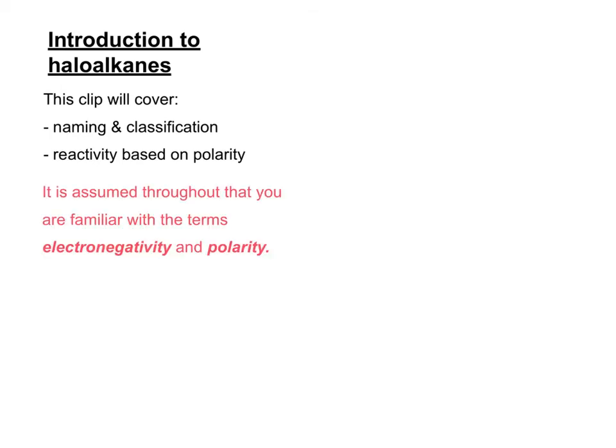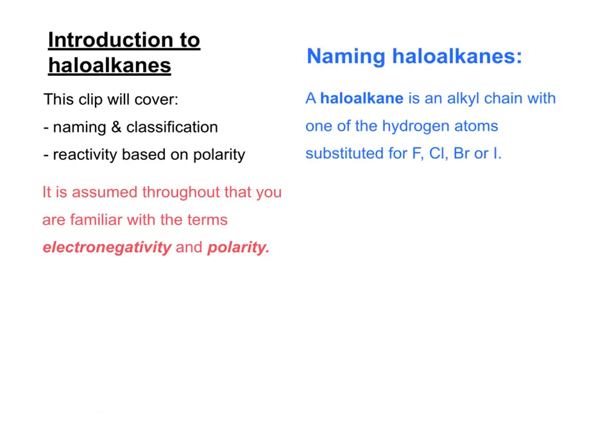So let's first of all look at how we name haloalkanes. So a haloalkane is an alkyl chain with one of the hydrogen atoms substituted for fluorine, chlorine, bromine or iodine. So let's have a look at an example.